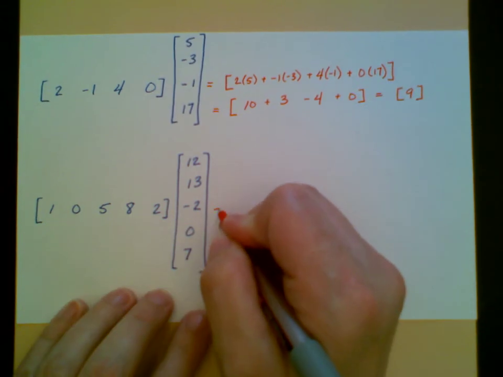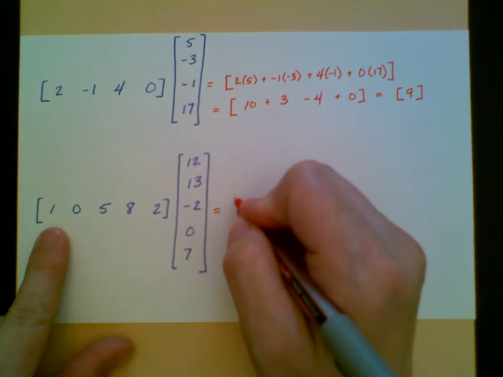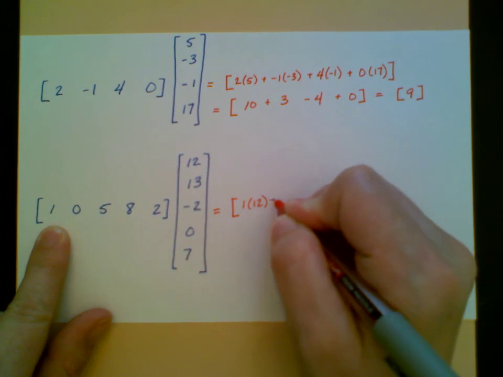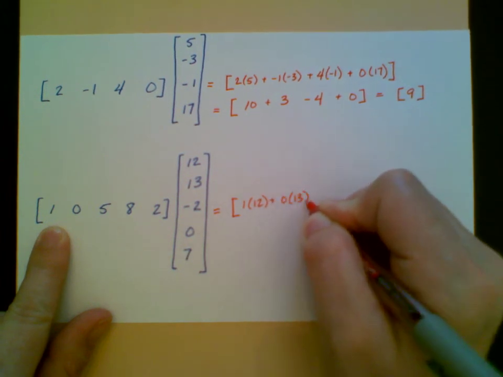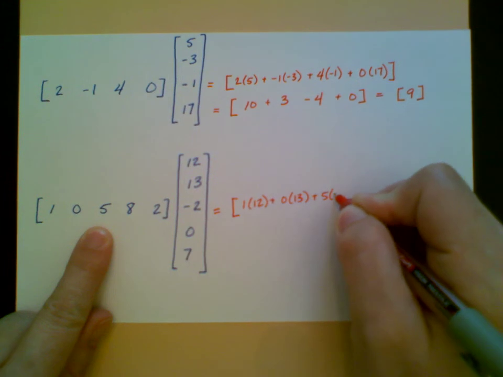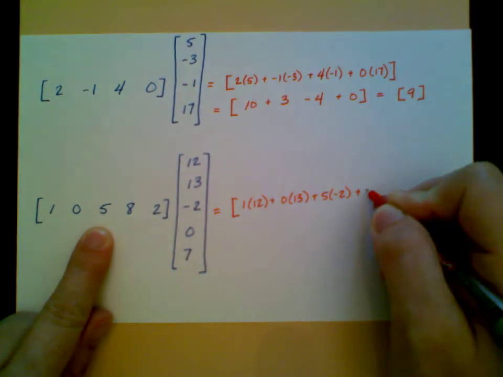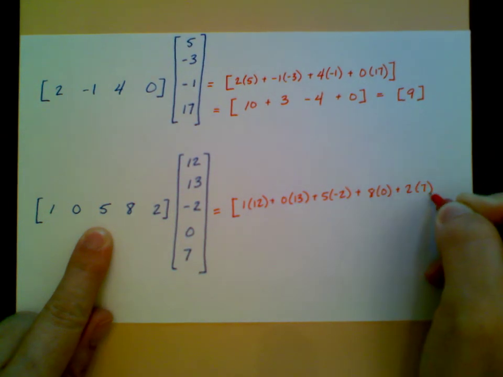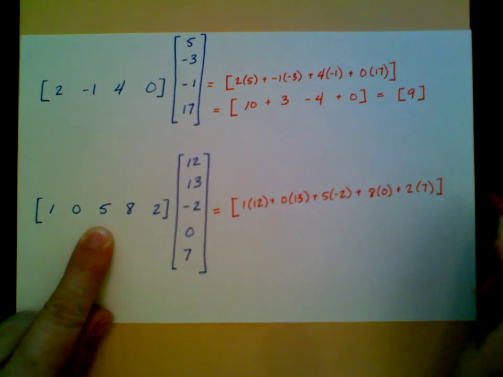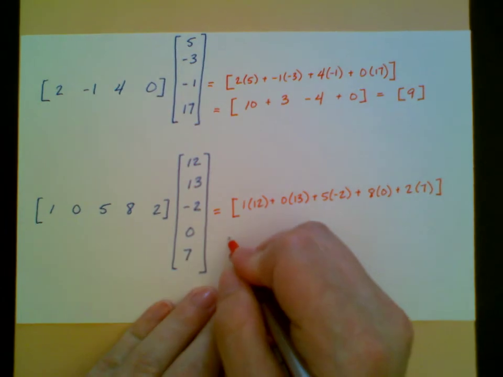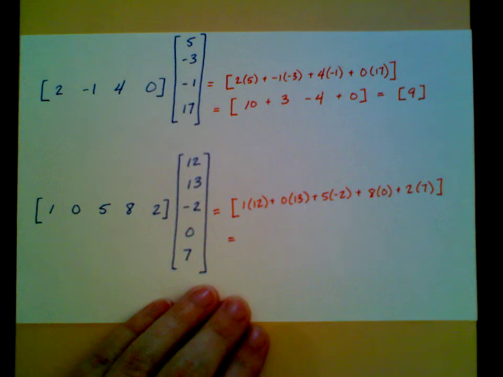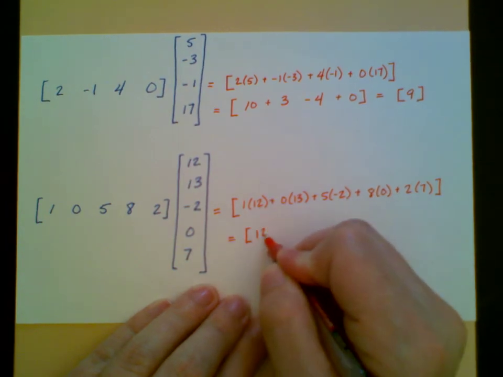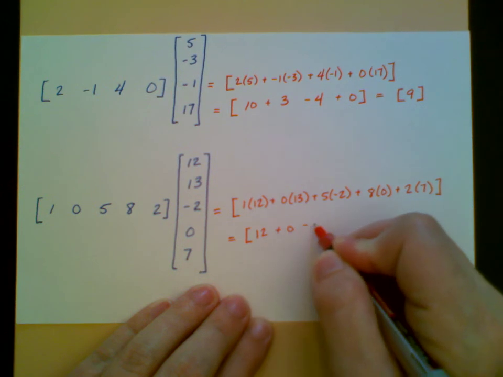And next, so I have 1 times 12 plus 0 times 13 plus 5 times -2 plus 8 times 0 plus 2 times 7. And then we'll simplify this a bit. When you're doing these yourself, you can show as much or as little work as you're comfortable with.